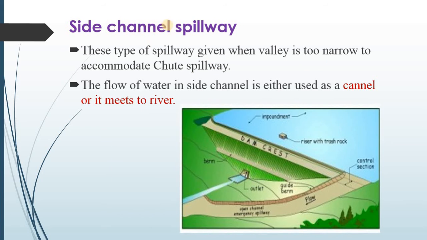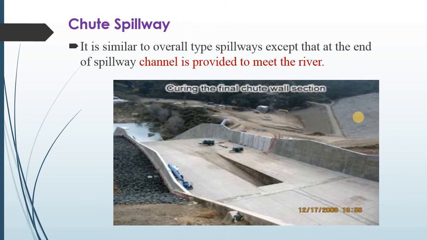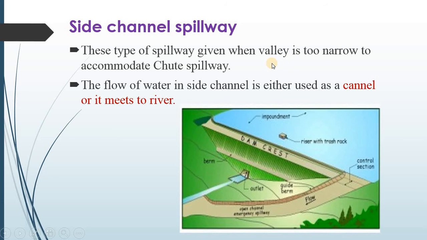Next is the side channel spillway. This type of spillway is given when the valley is too narrow to accommodate a chute spillway. As you can see here, more space is required for the chute spillway, but whenever no space is available, a side channel spillway is used, and in this case a narrow spillway is provided like this.